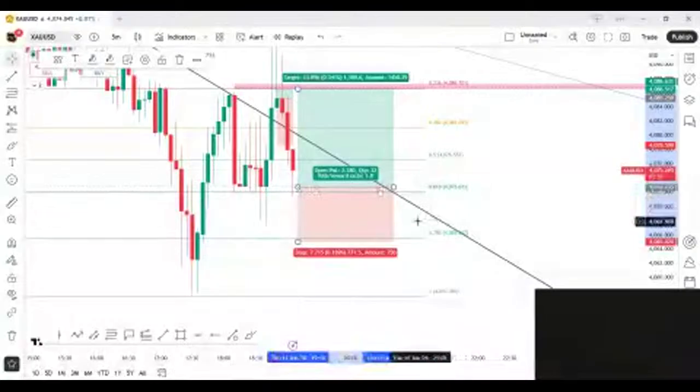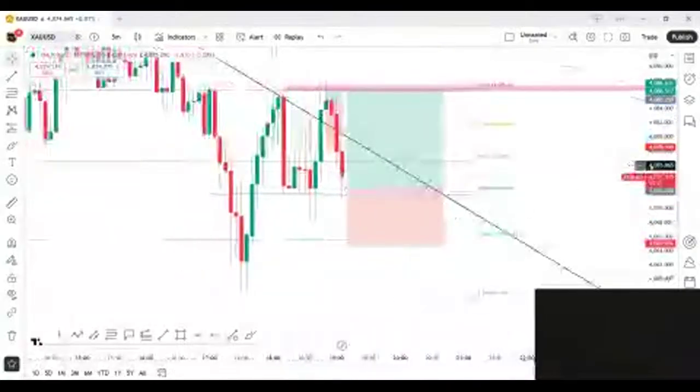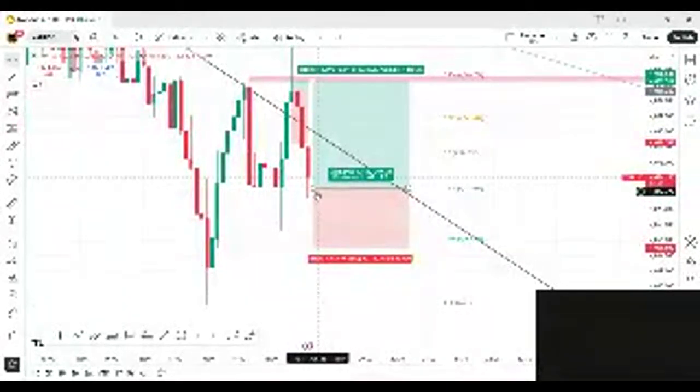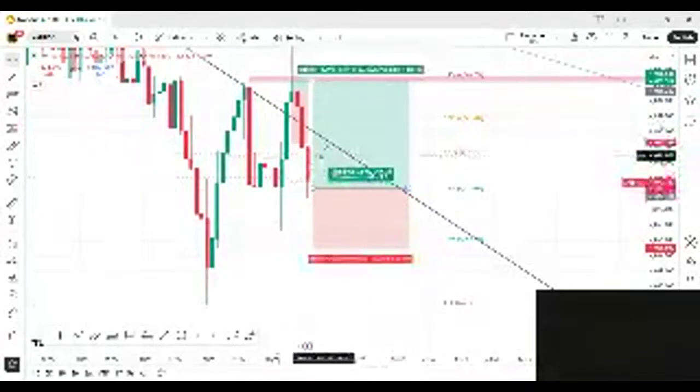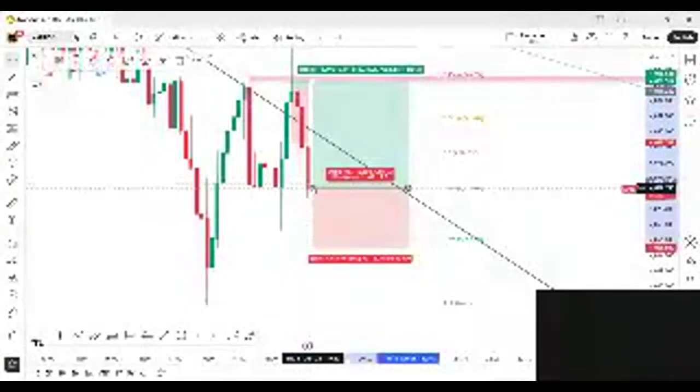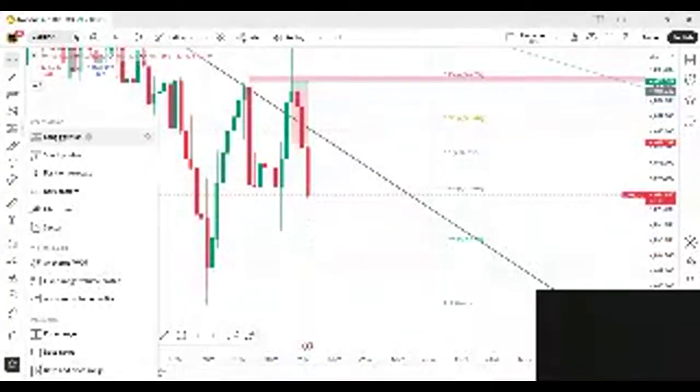Guys, the market always gives you a lot of confusion, so it's really hard to give the setups. Right now we have a lot of confirmation for sells as well. So here I'm trying to look for selling positions.